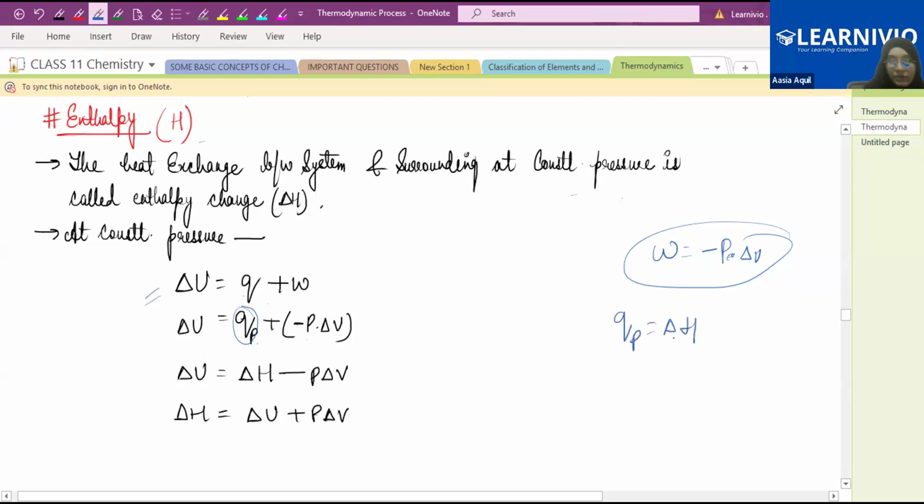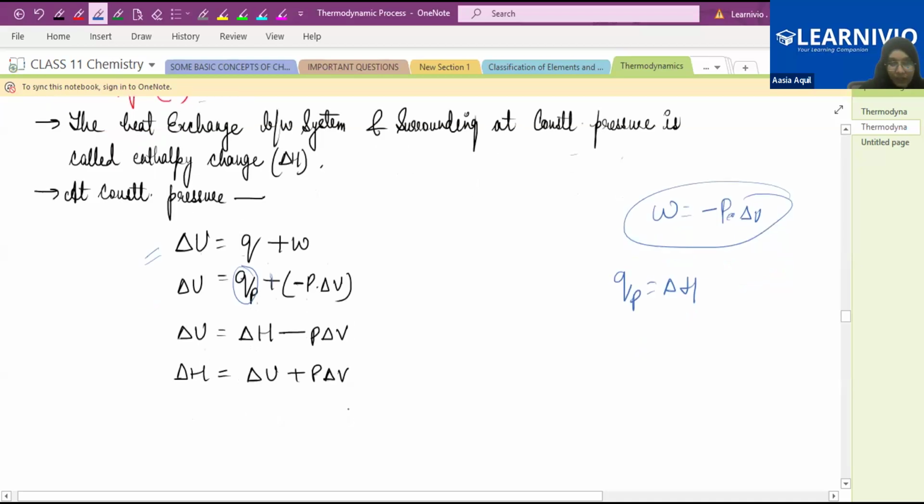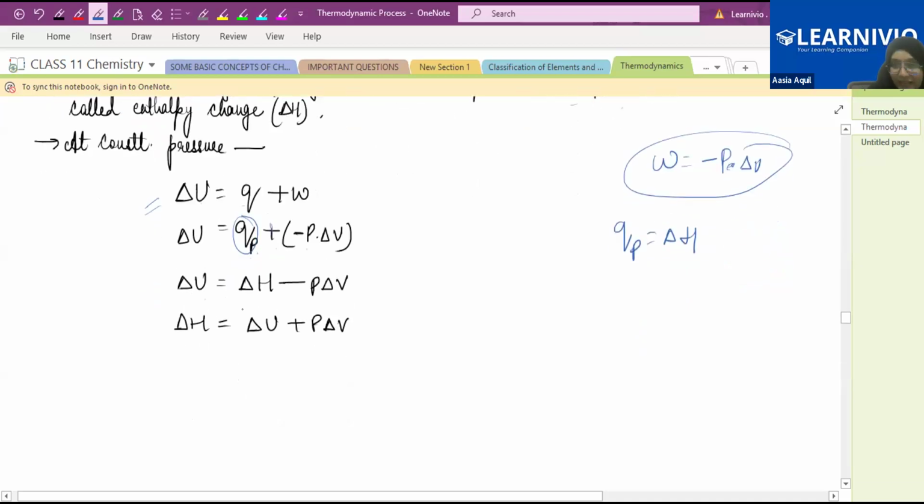Okay. So when you substitute this, delta U equals delta H plus, and the bracket will open and it will become minus P delta V. Okay. So here, when you rearrange this, so delta H, the enthalpy क्या हो जाएगी?